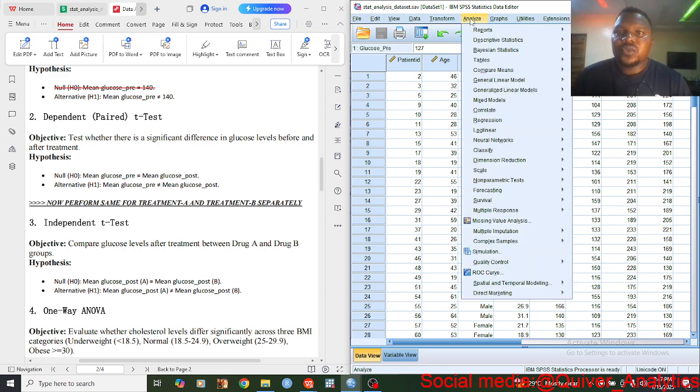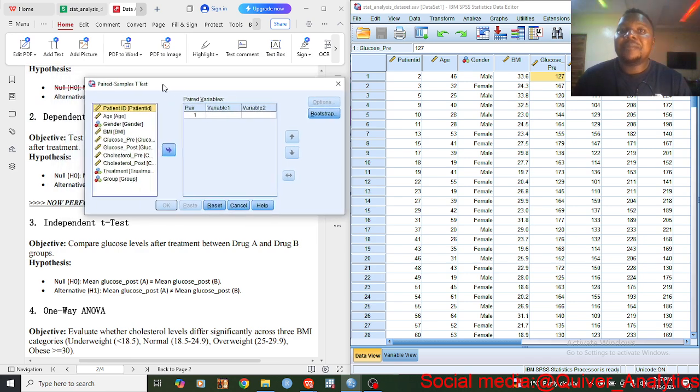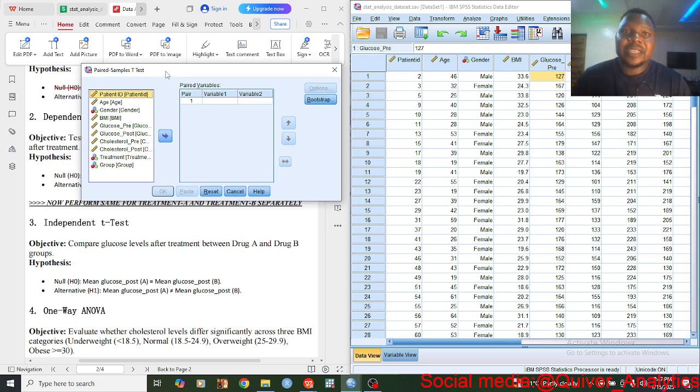So we go to Analyze, Compare Means, Paired-Samples T Test. The paired sample test is also called before and after. In marketing or business, it's called A/B testing.